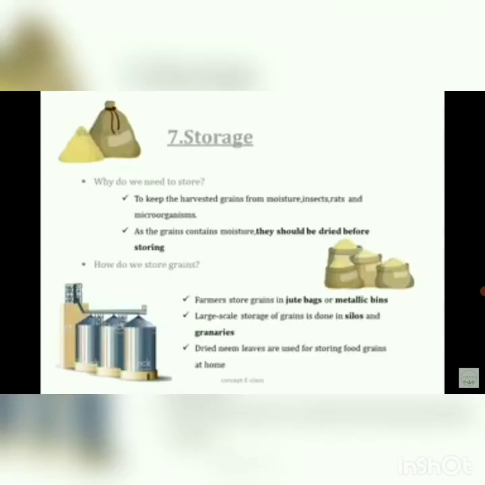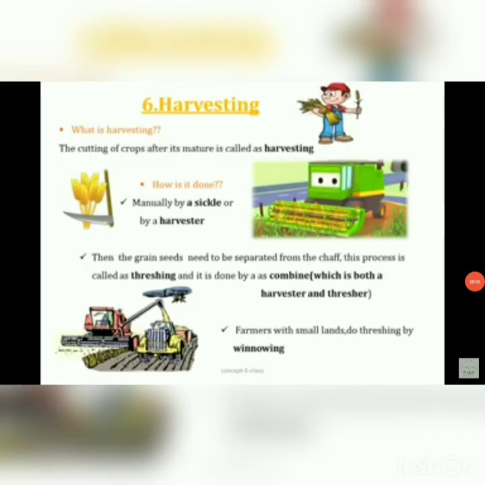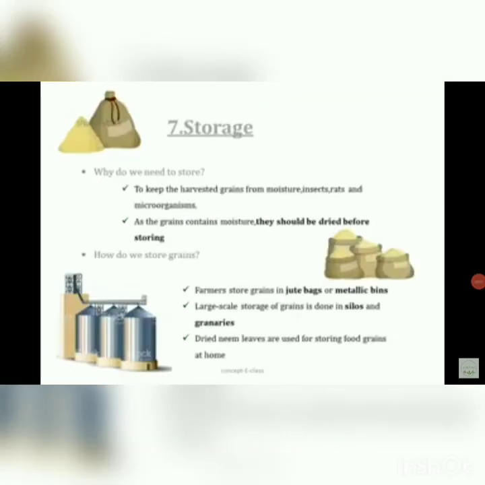The seventh and last agricultural practice, which is very important, is storage. Why do we need storage? To keep the harvested grains safe from moisture, insects, rats, and microorganisms. As the grains contain moisture, they should be dried before storing. And how do we store grains?